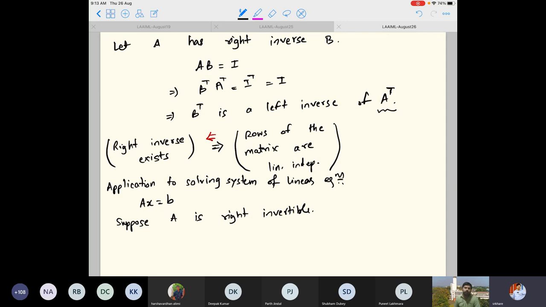What will be the choice of X in terms of the right inverse? So let B be a right inverse. Then what happens? What will be the choice of X, the solution?